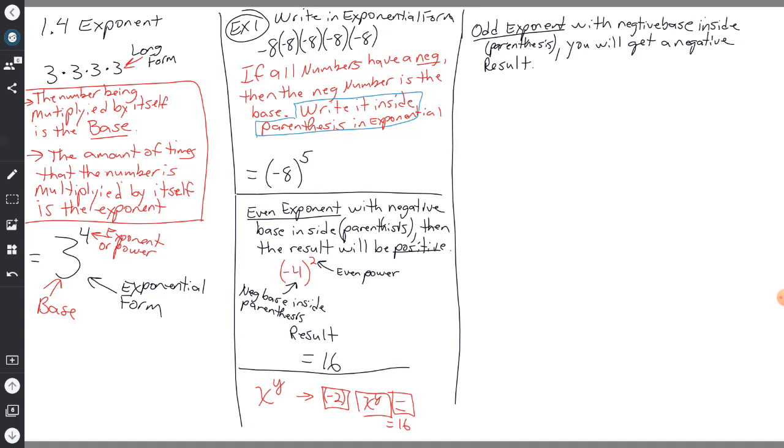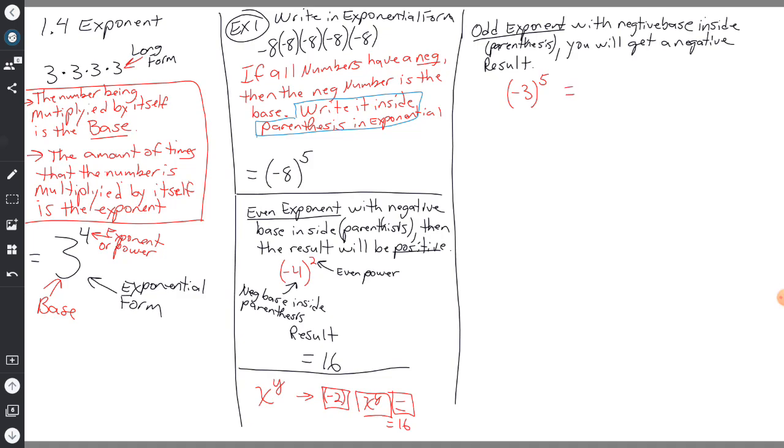So if you have an odd exponent with the negative base inside of parentheses, you're going to get a negative result. The odd numbers again: 3, 5, 7, and so on. So something like this is going to give you a negative result.